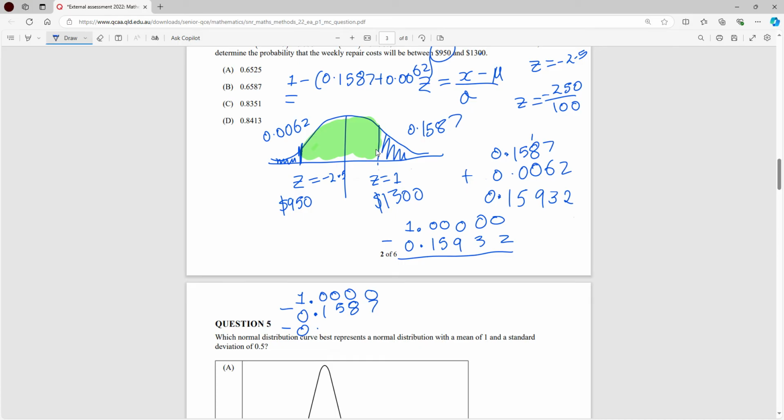Now, looking at this here, I know it's not going to be B or A. That's too small. So I would test one of these numbers here. So I'm going to test, let's say, C. So let's go 0.8351, and let's go plus 0.15932.